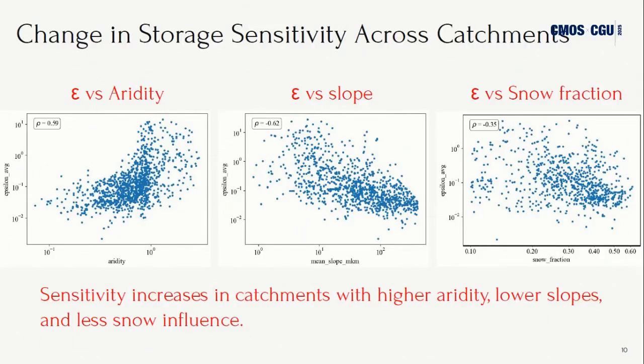As also supported by the Spearman correlation values you see, the sensitivity of streamflow discharge to storage increases with higher aridity, lower slopes, and less snow influence. That's the spatial pattern we see.